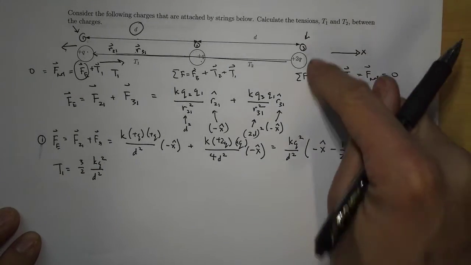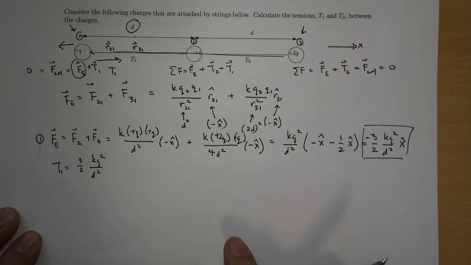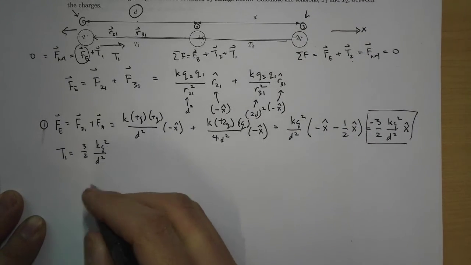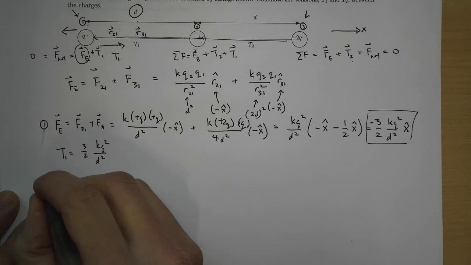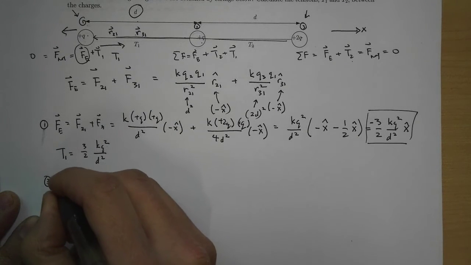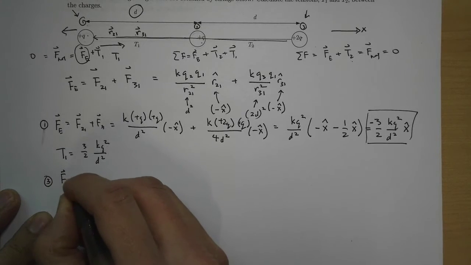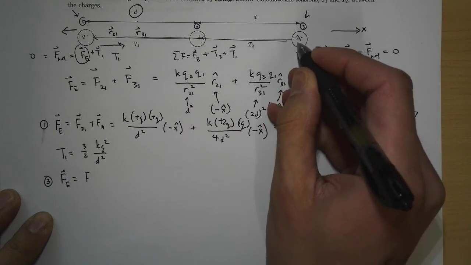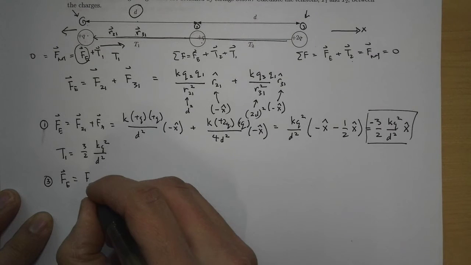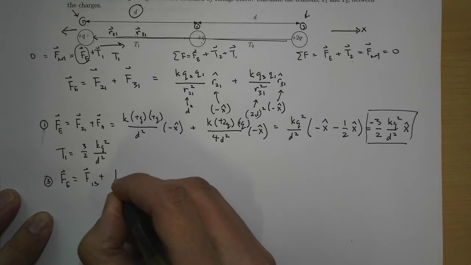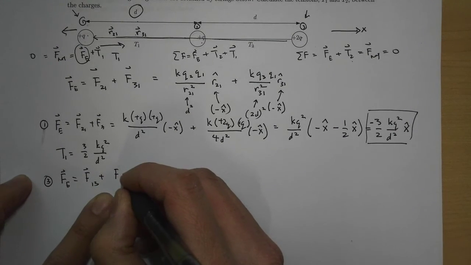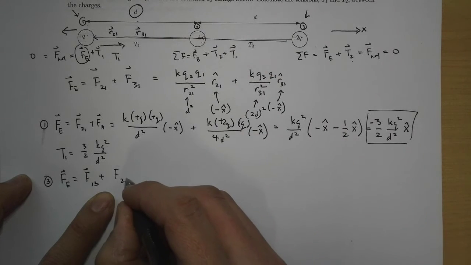All right, so now let's do number 3 to calculate T2. To calculate T2, again, we have to calculate the electrical force on number 3. So that electrical force is going to be equal to the force of 1 on 3 plus the force of 2 on 3.